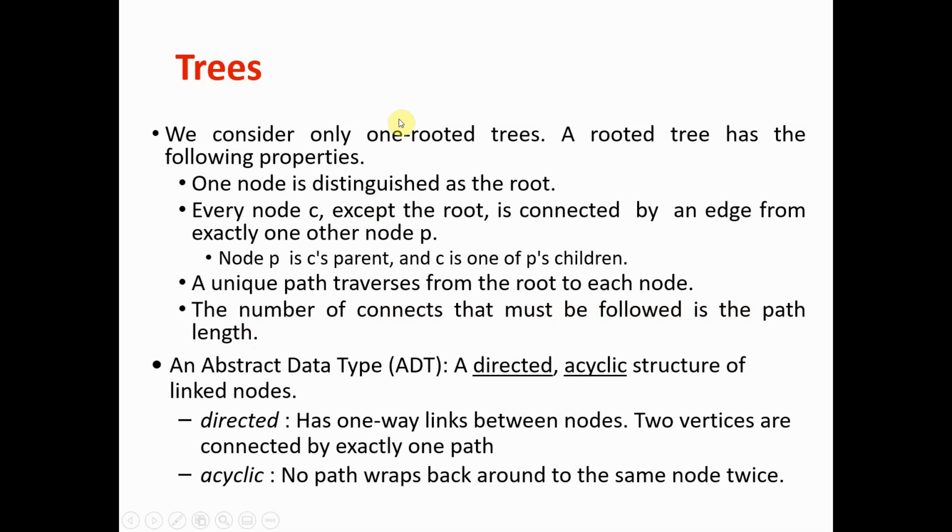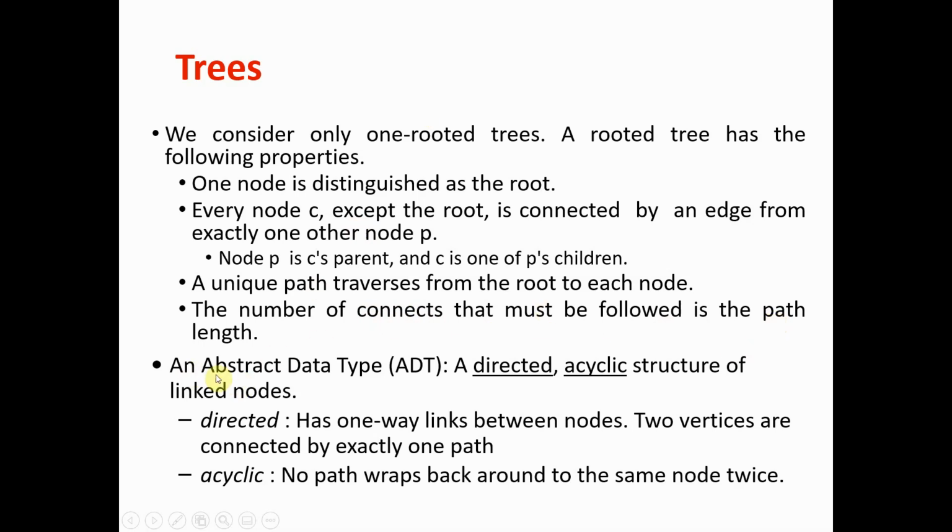So if we go from one node to another node, the sequence of edges and nodes that we pass through is a path, and the number of edges or connections in that path is called the length of the path.